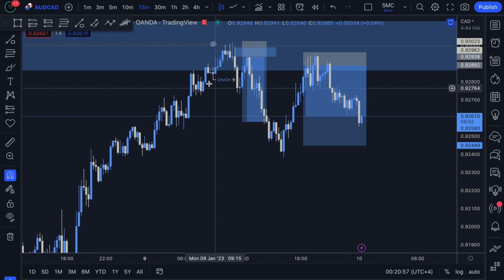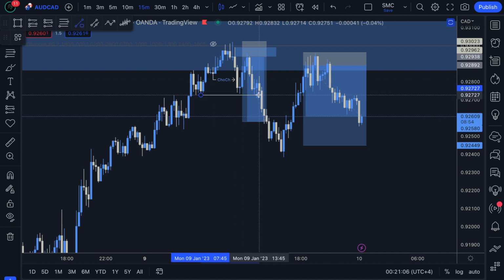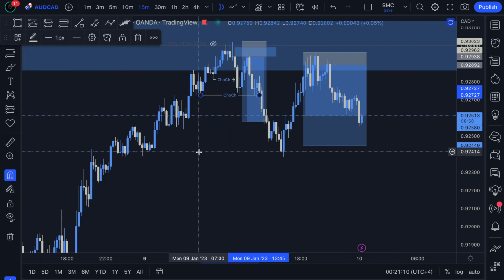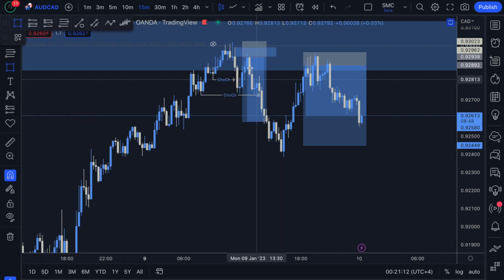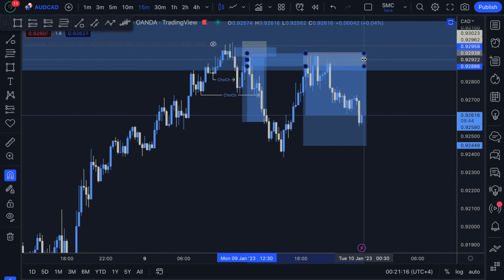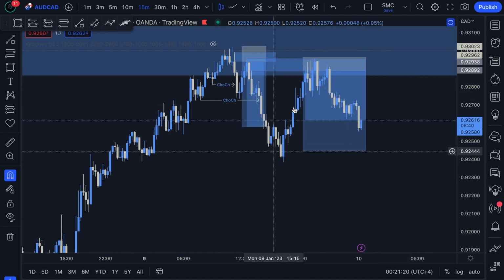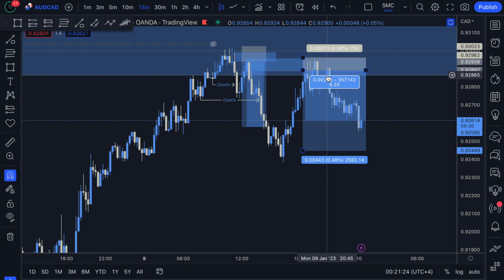Consider this area as the change of character. In case you don't consider this as a low and this as a low, I'm just giving an example, you mark this area as change of character. Okay, you can mark this area as supply zone, and when the price falls, it eventually comes back to fill in that supply zone.